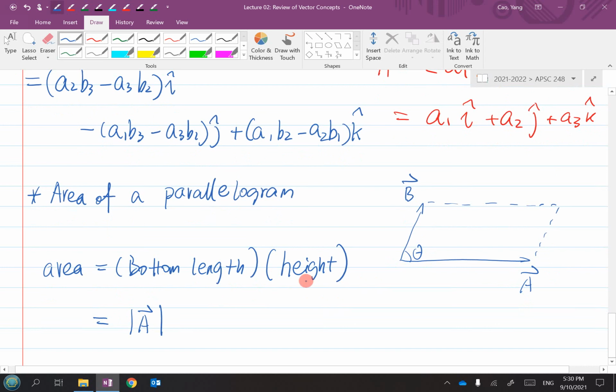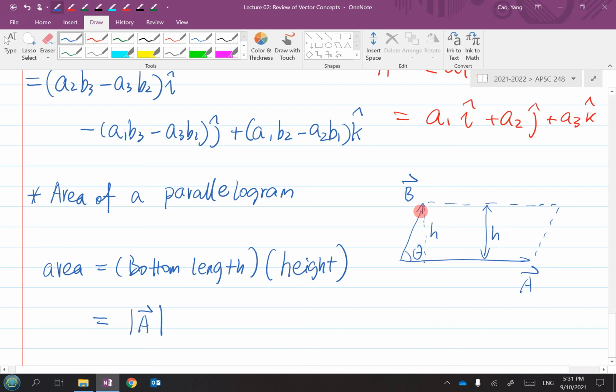And the height represents the perpendicular vertical difference between the top and bottom sides. In order to get the height, I make use of what I have here. I can move the height over here; this is also the height.